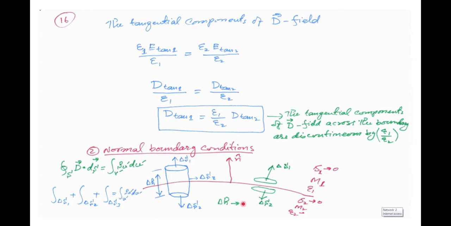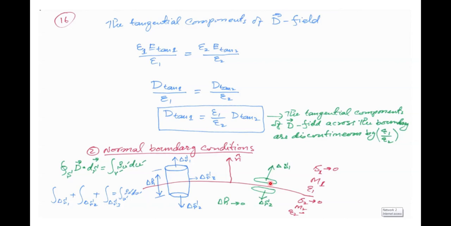Using this approximation, the volume vanishes. Hence the contribution due to the cylindrical surface vanishes. That is, this one becomes equal to 0. And we are left with two discs, the cross-sectional areas of the capsule-like shape in material 1 and material 2.